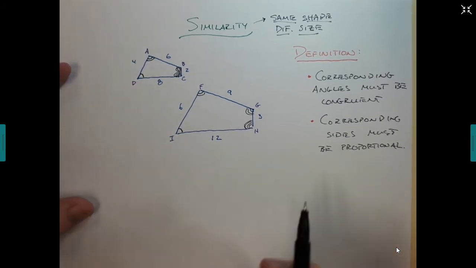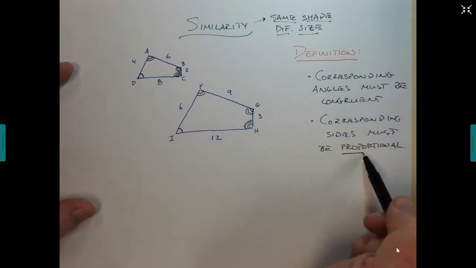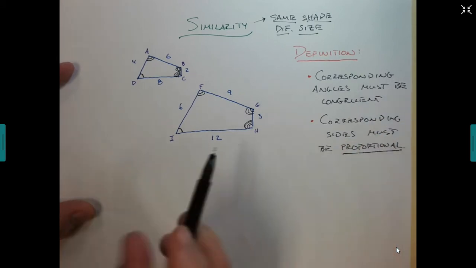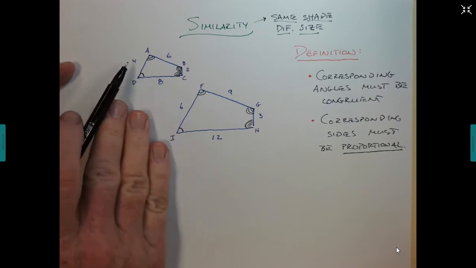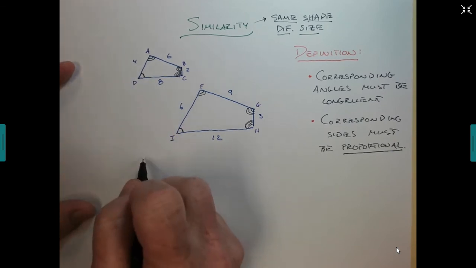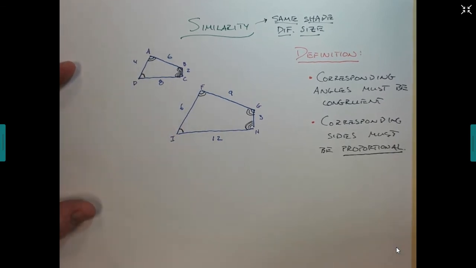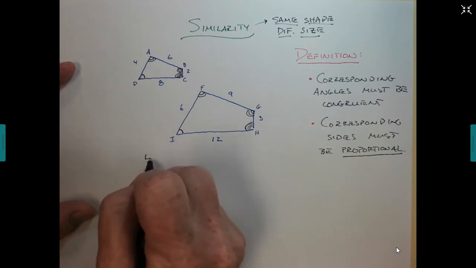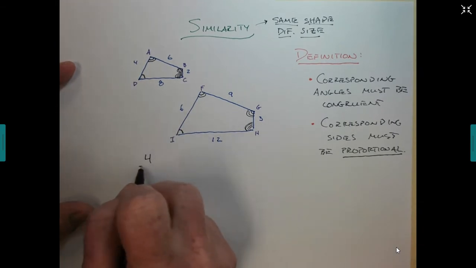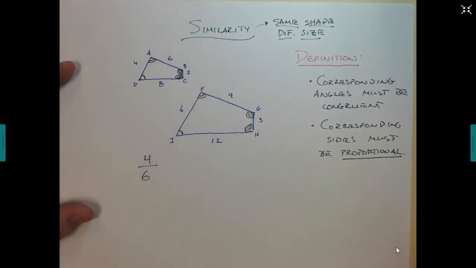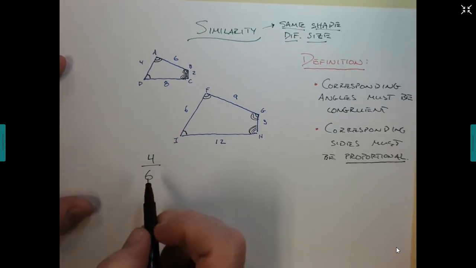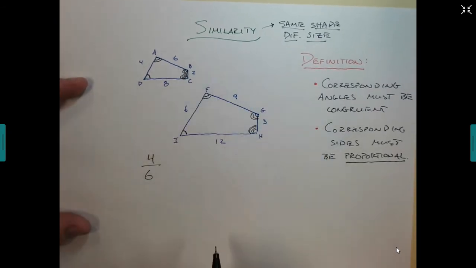What that means, if you remember, is we can make a ratio of matching sides. Like this side measures 4, and its corresponding side measures 6. If I make a ratio, in order to be proportional, this ratio has to be the same as all the other ratios that we set up.